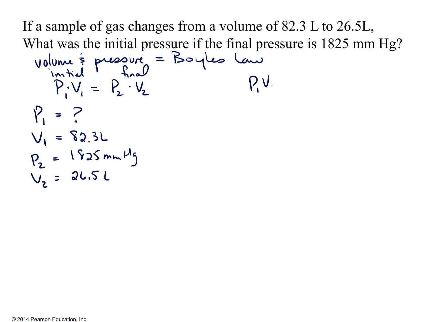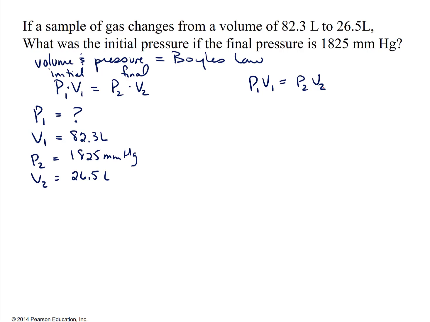So if we have P1 V1 is P2 V2, what do you do in an algebra equation if you need to get something all by itself? How do you get P1 all by itself? What are you going to move? You want to move V1, okay?